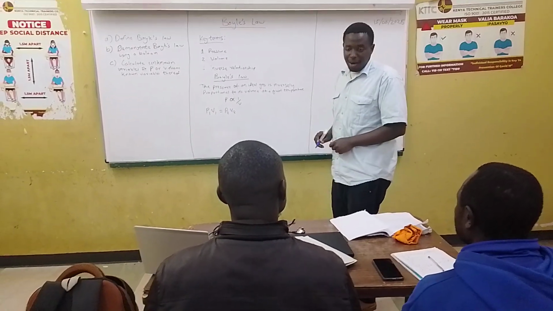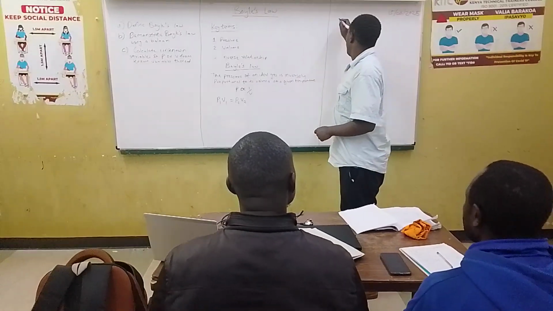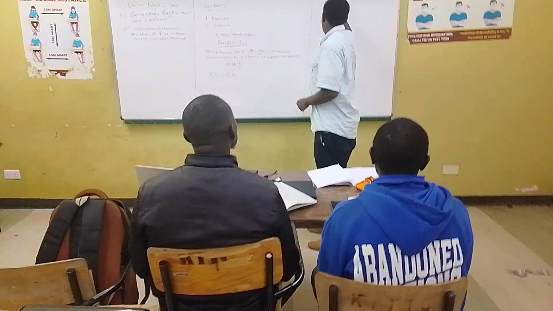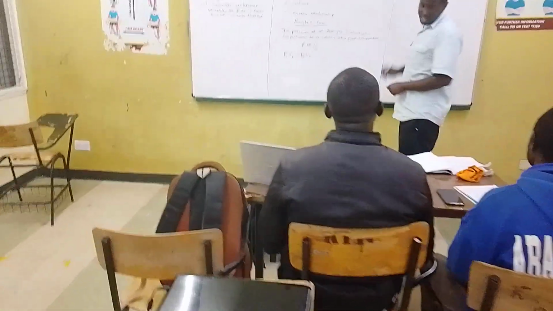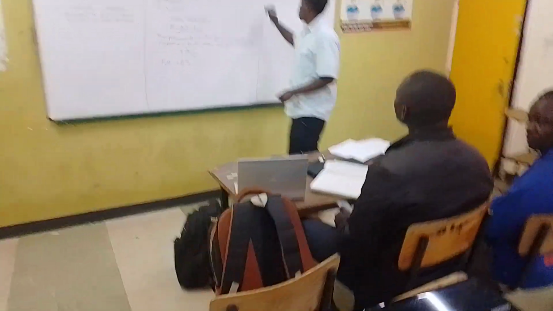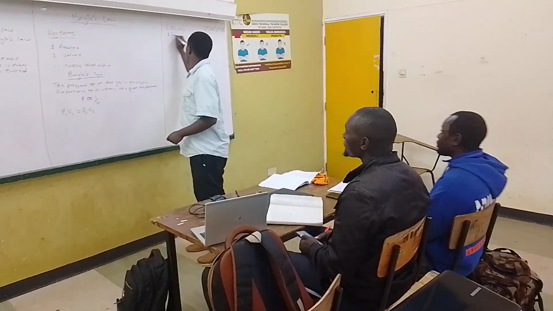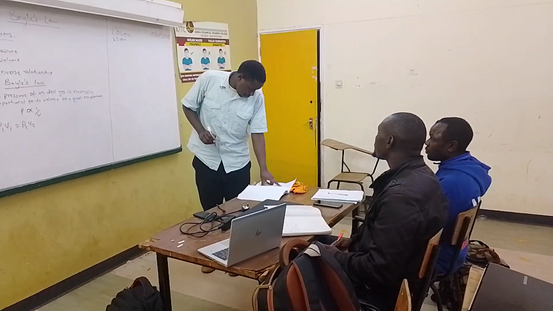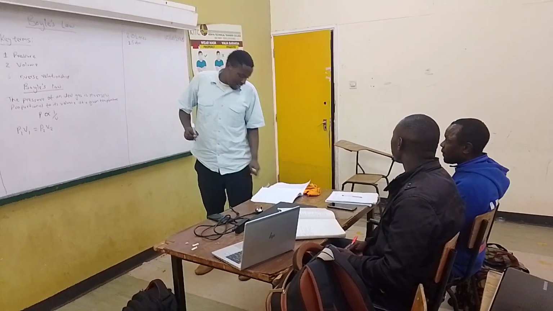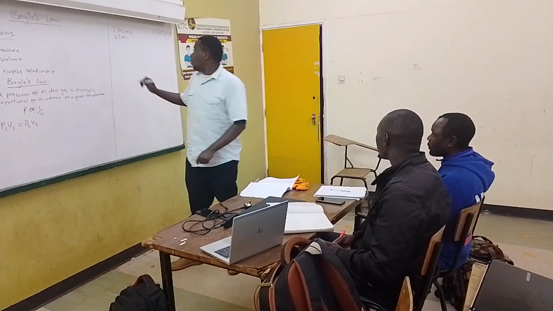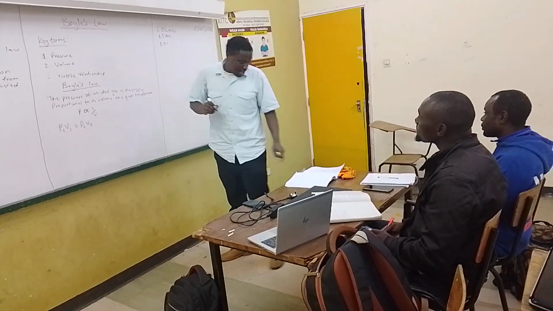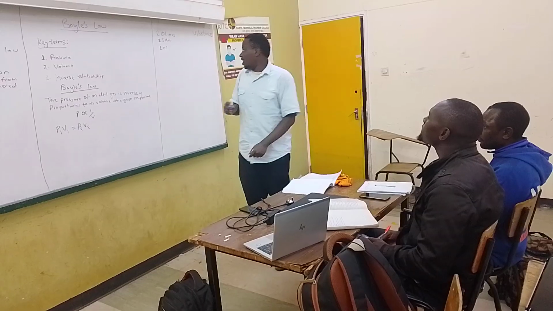So the balloon has a volume of 2.0 liters at 1.5 atmospheres.